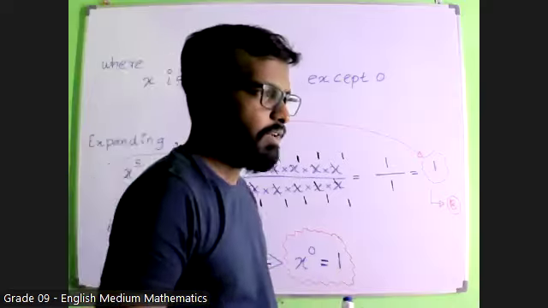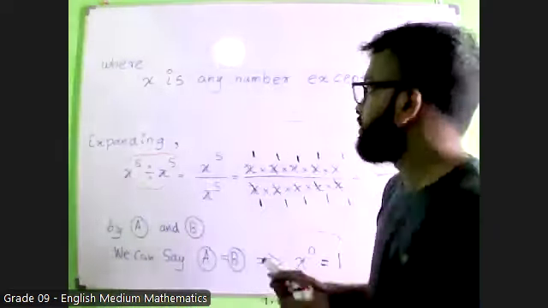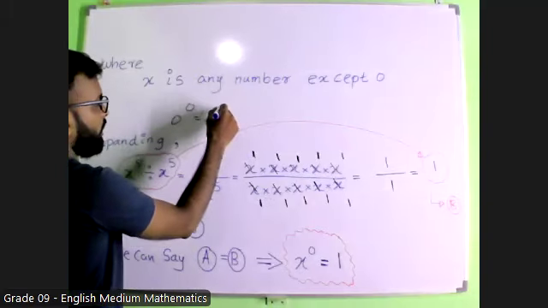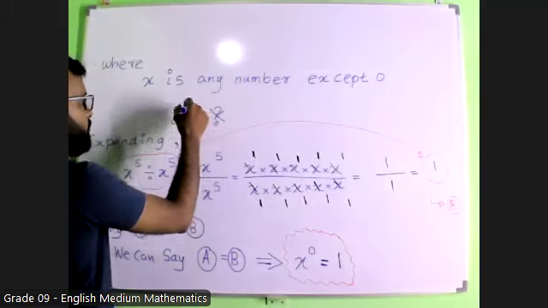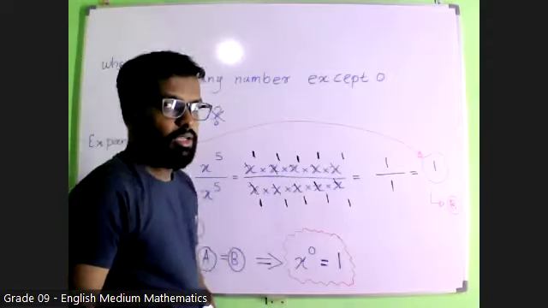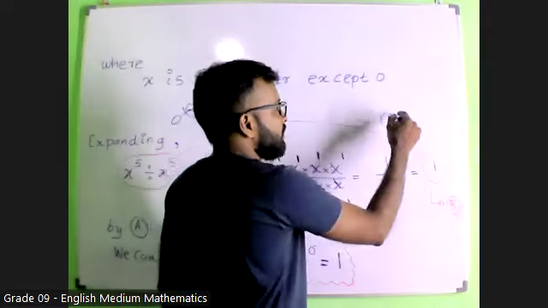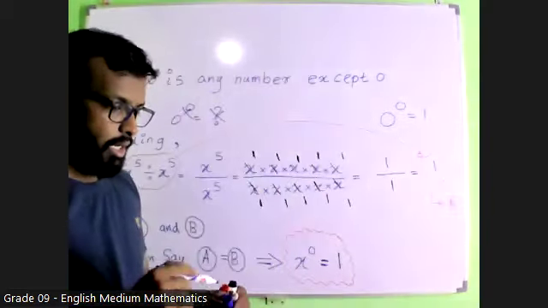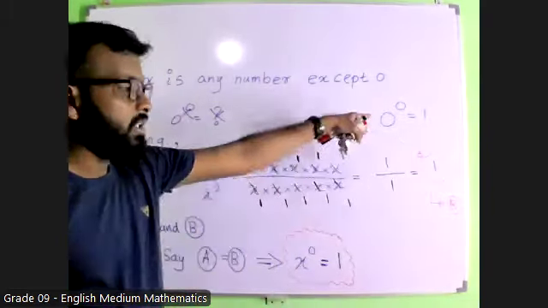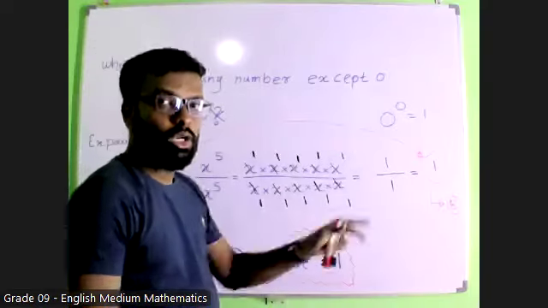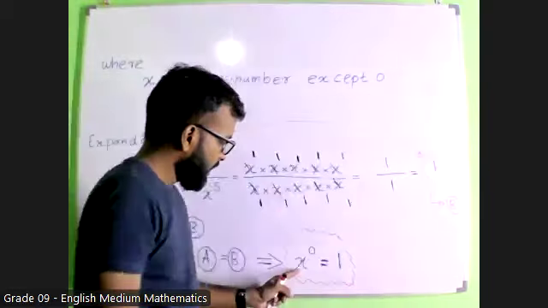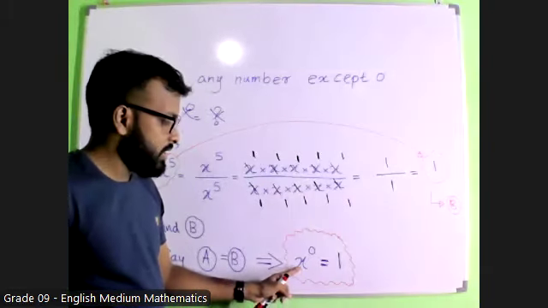If someone asks what is the answer for 0 to the power 0, you cannot give an answer. If someone asks whether 0 to the power 0 equals 1 is correct or wrong, it is totally wrong. x cannot be 0.